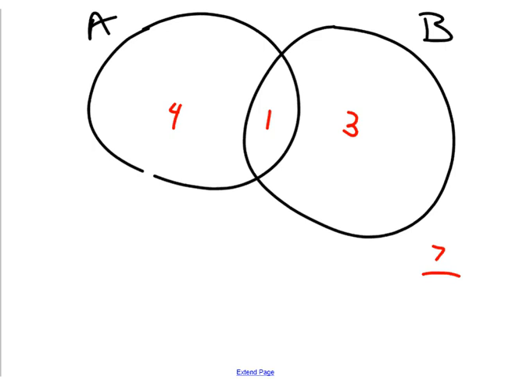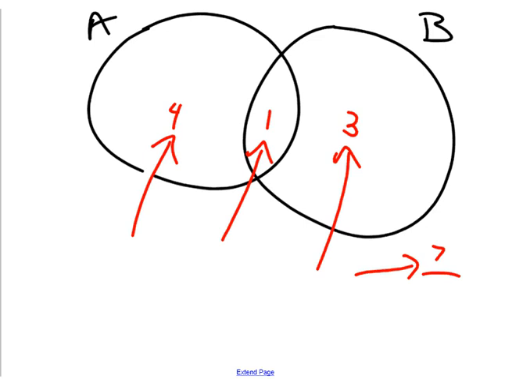There's only one person who has seen an aardvark and has a banana at home, whereas there are 4 people who have seen aardvarks but haven't got a banana at home. And then the 3 people have got bananas at home, but they've never seen an aardvark. And there's 7 people that have never seen an aardvark and don't have a banana at home. Okay, so that's kind of what the areas mean.